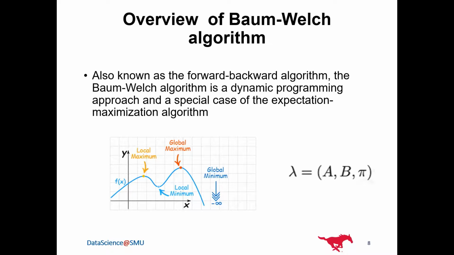The Baum-Welch algorithm is a dynamic programming approach, and it uses a special case of the expectation maximization algorithm. And you can see that you are looking for the parameters of lambda, and using a recursive process, you can try to find a local maxima or minima, but you're not guaranteed to get the global maximum or minimum.